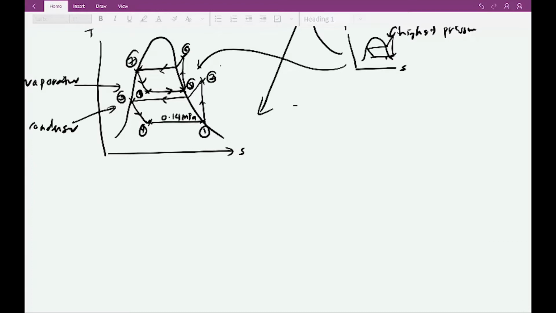Okay, so I'm going to sketch your schematic diagram. So this is your TS diagram. Okay, this is your schematic diagram.